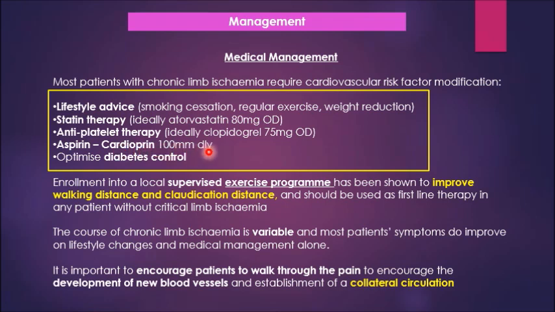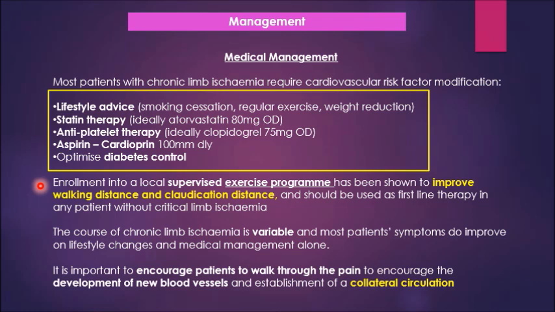And very important for you to optimize the control of your diabetes. Very, very important. If a patient is diabetic and hypertensive, this must be controlled. And this patient should always be enrolled in some form of exercise program to improve their walking distance and claudication distance.